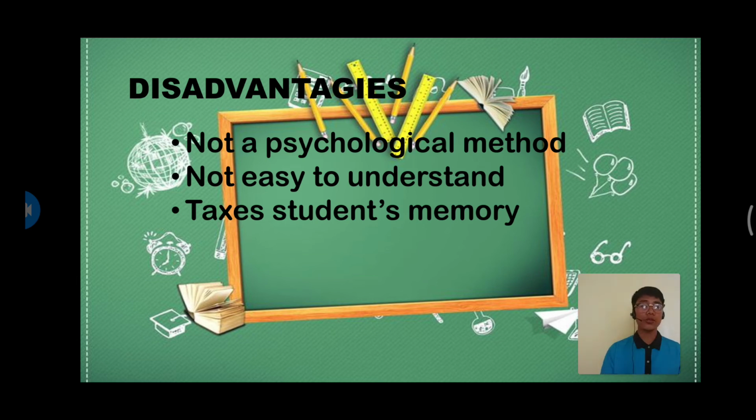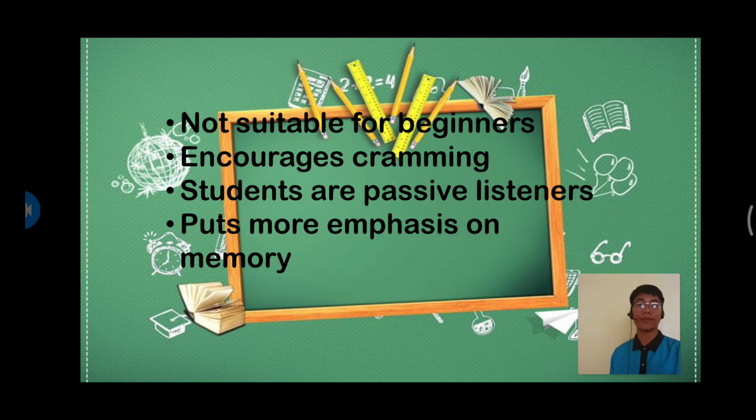That's why students should first have a very good memory in learning in a deductive environment. Next is it's not suitable for beginners. We know that beginners are still building their foundation, and they cannot directly get the general concept of the topics. They need to be spoon-fed. They need to learn the basics first before we give them the general concepts of our lesson. So it is not suitable for beginners.